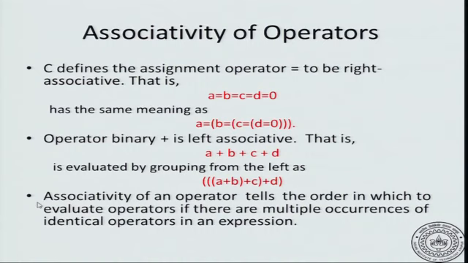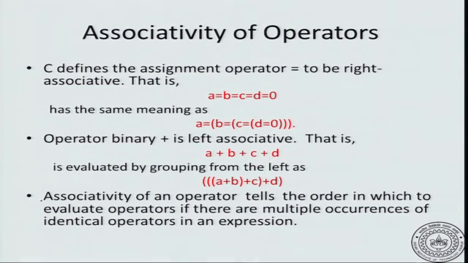So, this concept of associativity of an operator tells us the order in which we evaluate the operations if there are multiple occurrences of the same operator. In the first, there are multiple occurrences of the equal to sign. In the second, there are multiple occurrences of the addition symbol.